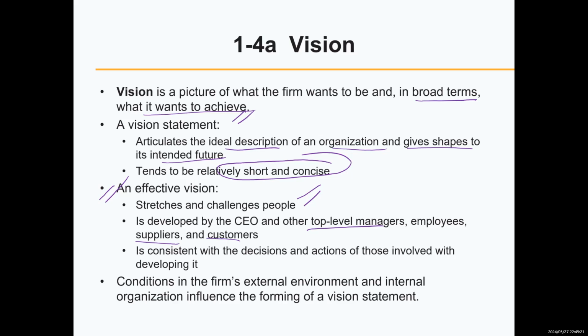And also the vision is consistent with the decisions and actions of those involved in developing it. A vision statement should be clearly tied to the conditions in the firm's external and internal environment, and it must be achievable. Like I told you, the McDonald's vision statement of the best quick service restaurant is achievable, right?